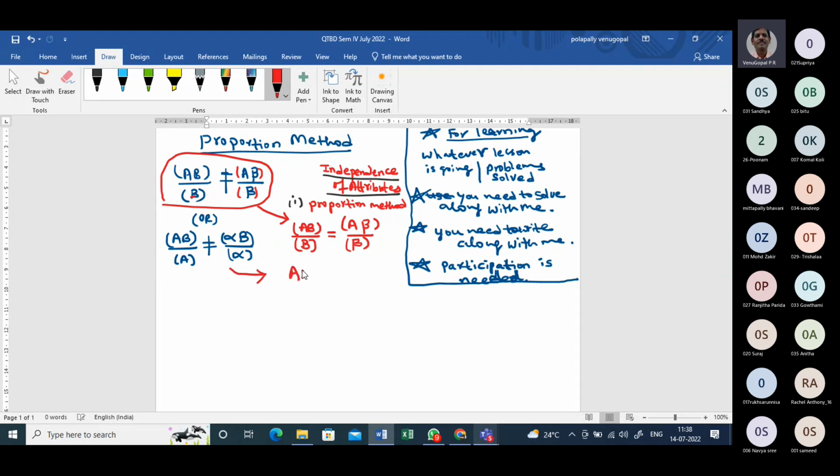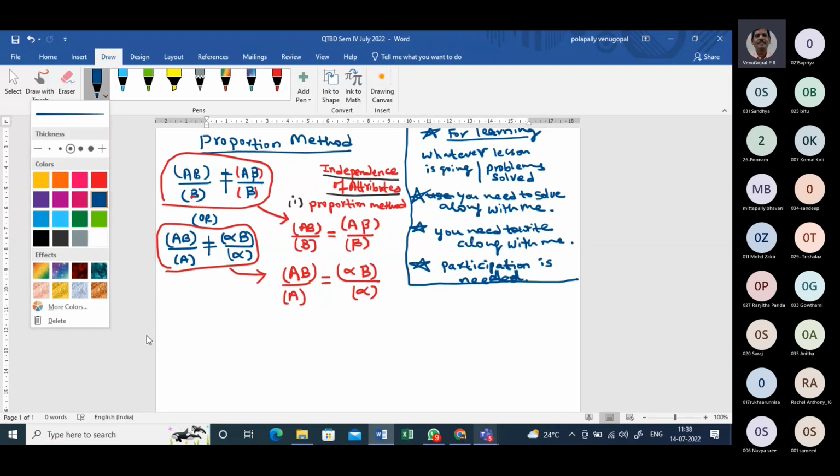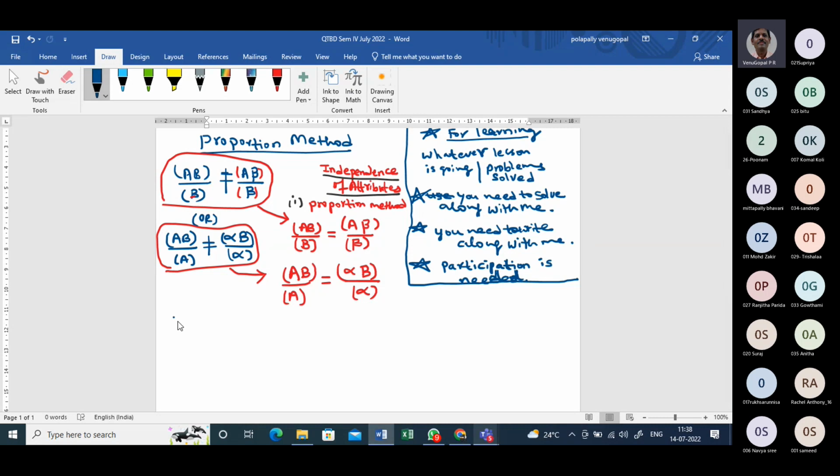Then this one: AB divided by A equals alpha B divided by alpha. Okay, so again, if you are rewriting it, I'll write it here.